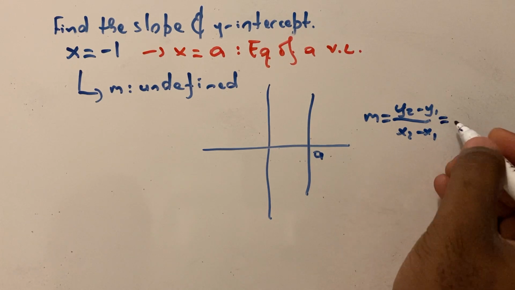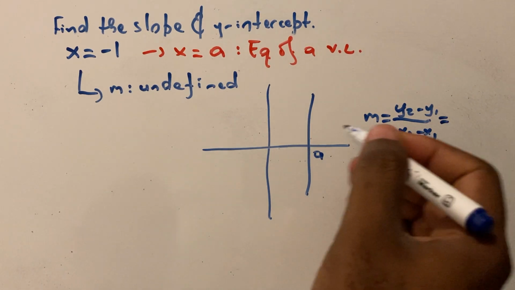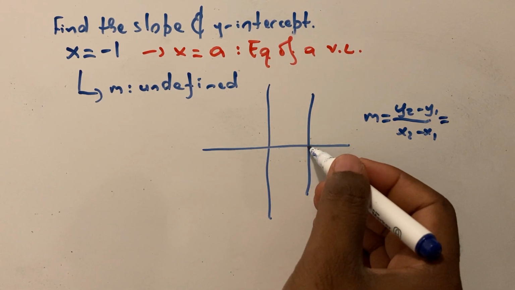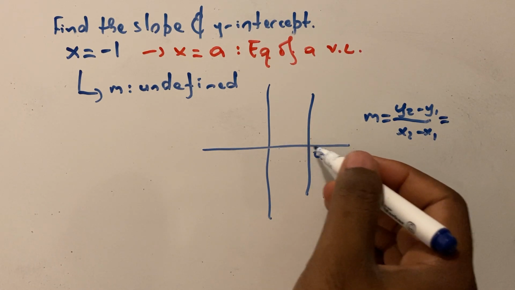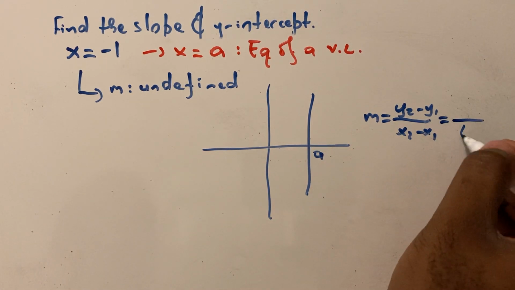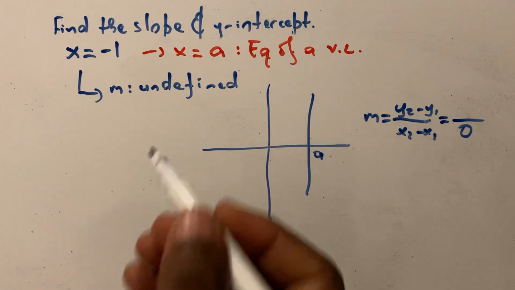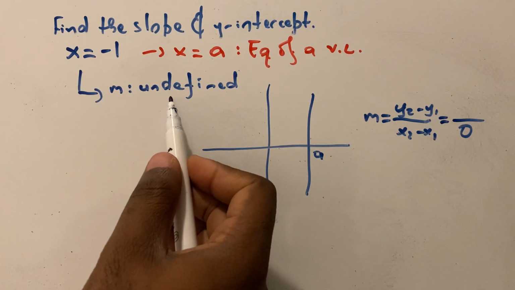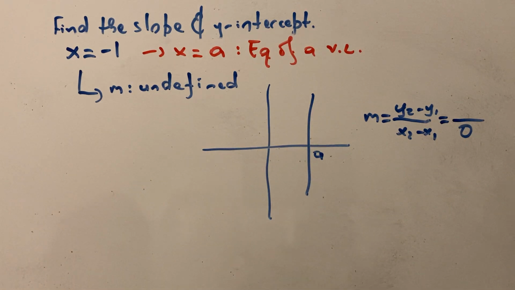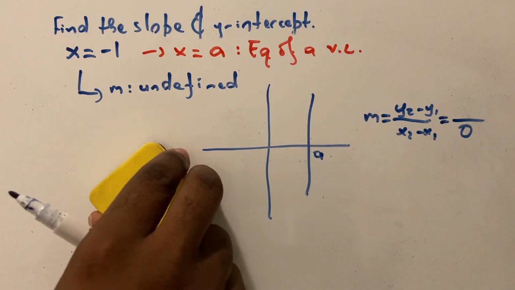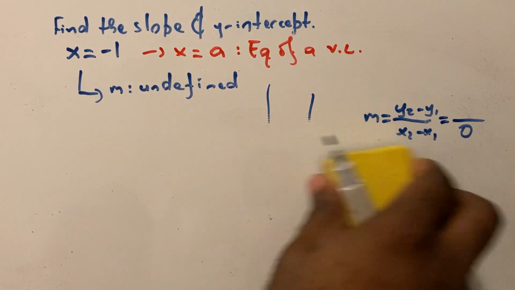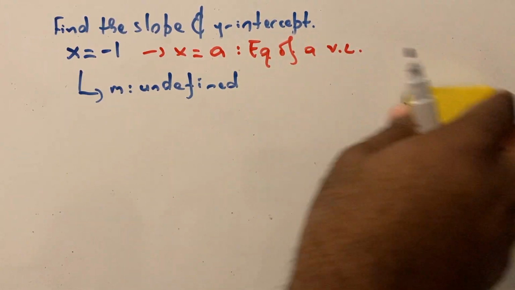Now in this case here, the bottom part, x2 minus x1, because it's only one value here, there's no movement here, it would be 0. So you would have to divide by 0. That's why, dividing by 0, the answer would be undefined, okay? So if it's a vertical line, the slope would be undefined, okay? Because you divide by 0.